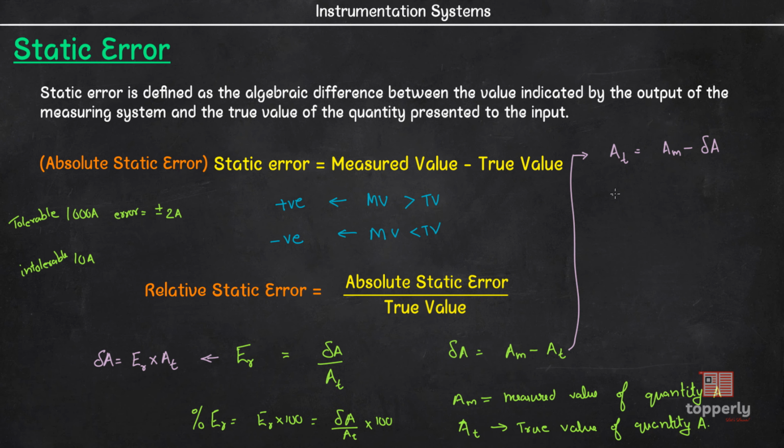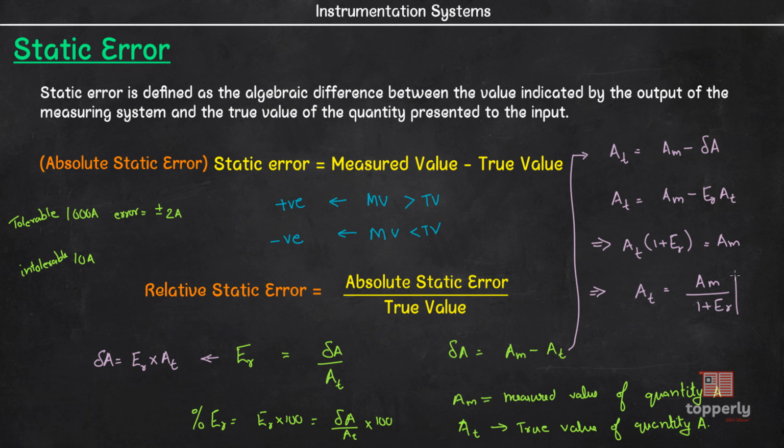Therefore, AT is equal to AM minus ER into AT, or AT into 1 plus ER is equal to AM, or AT is equal to AM by 1 plus ER.